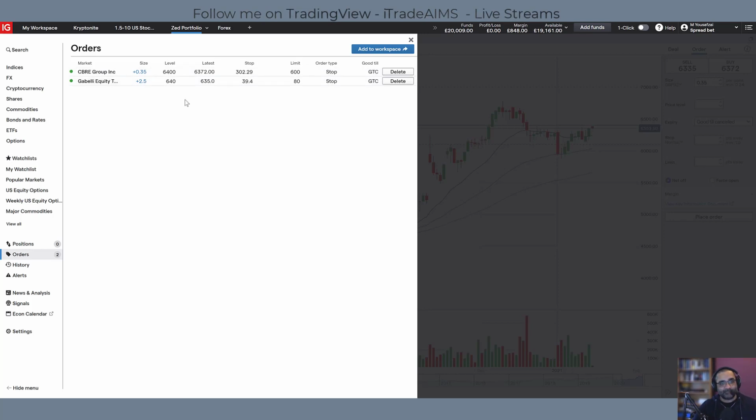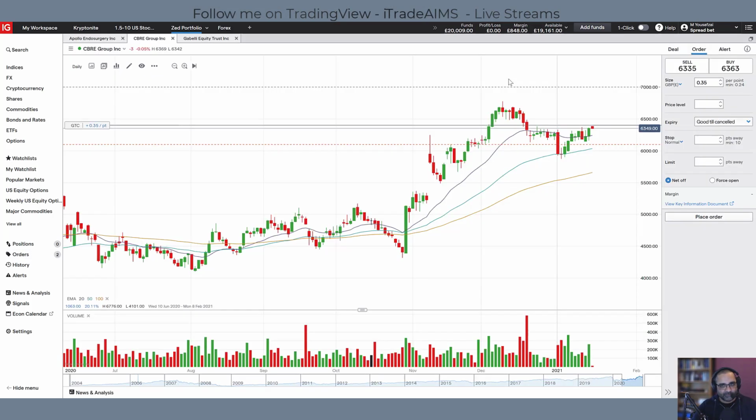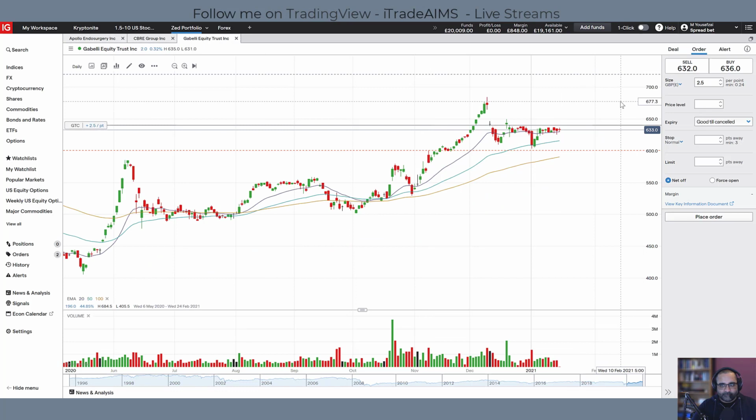640. Look at that. Both of the stocks that I've selected are actually 640. In fact, the difference is actually one is $64 and the other one is $6.40. And that you can see, on this one we're betting £2.50 per point because the value of the stock is just $6.34.